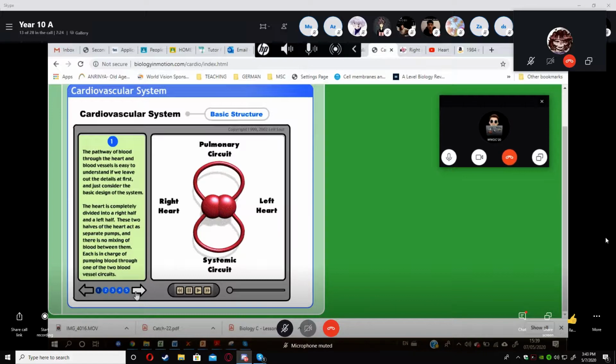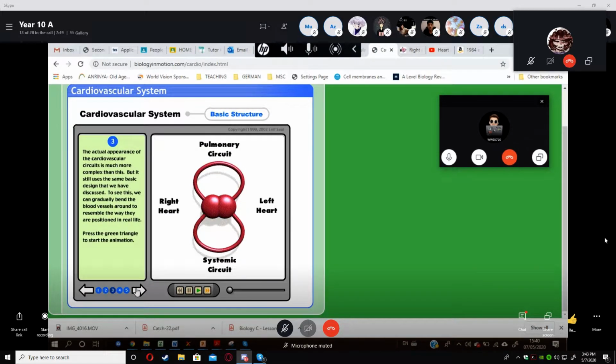We've done that already. So when you look at this way, the right heart pumps blood to the pulmonary circuit where the blood picks up oxygen from the lungs, and the left heart then pumps it into the systemic circuit, right?